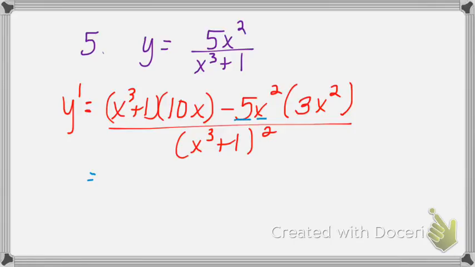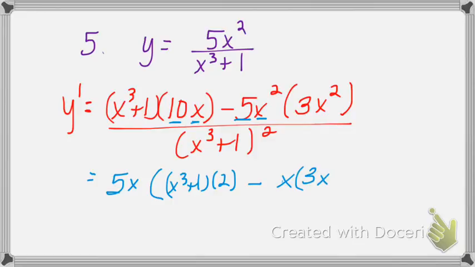Maybe a 5 and an x. So if I do that, I'm left with x to the third plus 1 times 2 minus x times 3x squared over the bottom.